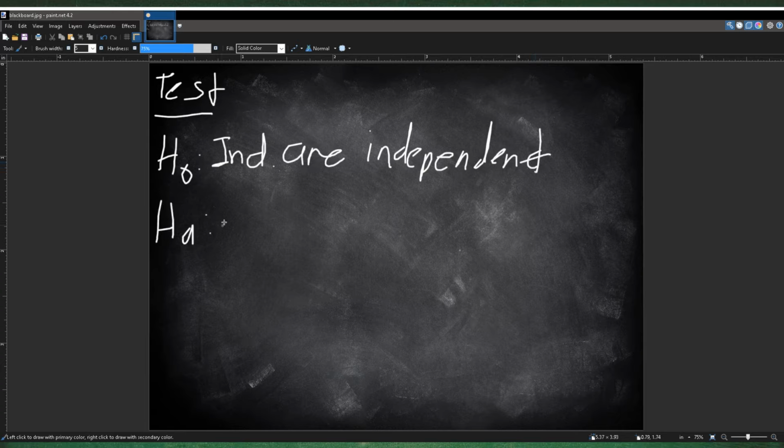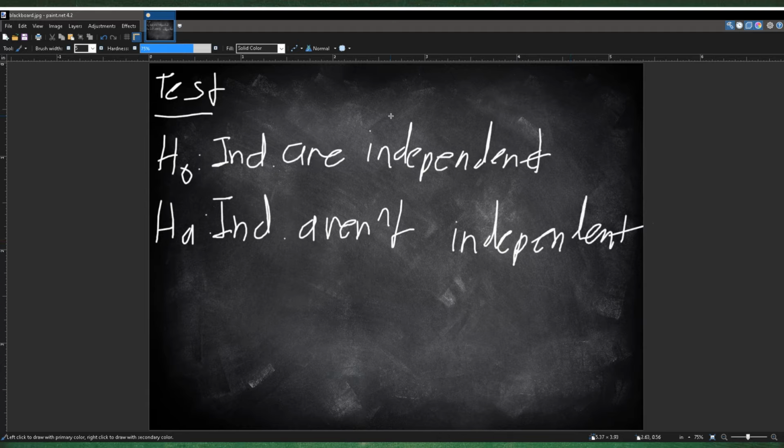You have to be very specific about this. This is why it's really vague now, and I said individual. I'll explain more in the example when I show it. And then the alternative is that the individuals aren't independent, basically. So that's the test.